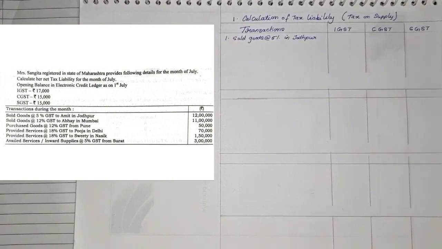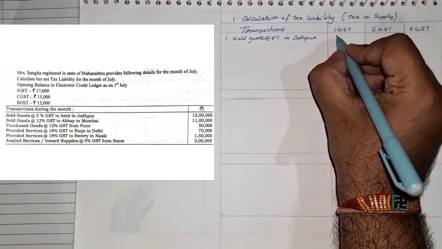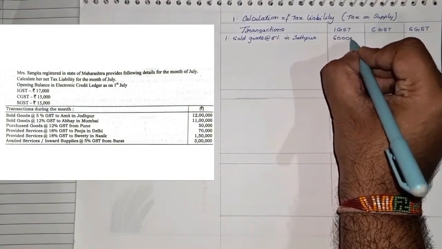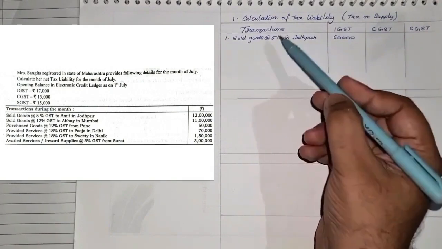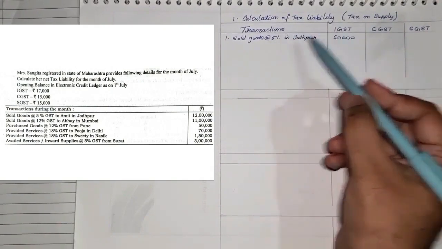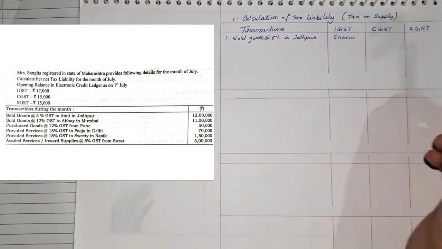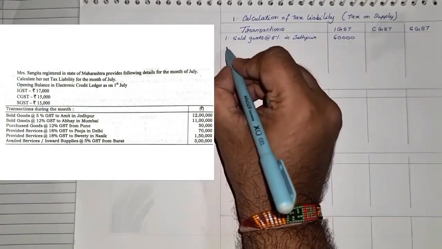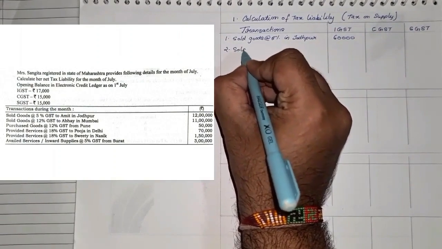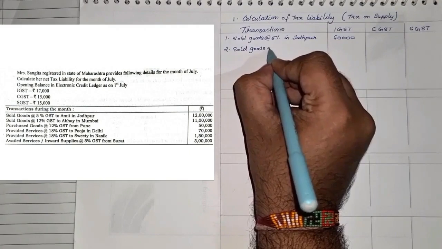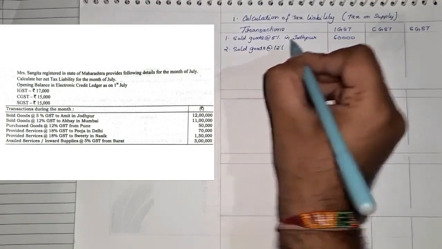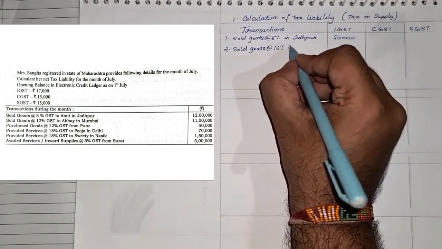So 12 lakhs into 5%, the value comes to 60,000. Remember, whatever is the value given, that value into the percentage. If it is IGST, full amount. If it is CGST and SGST, the amount will be split in two parts. Next, again we have sold goods at 12% to Abhay in Mumbai.